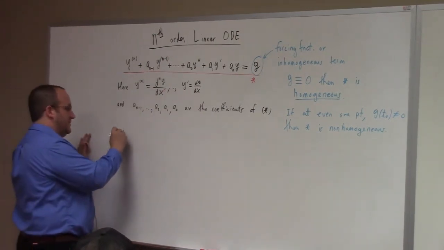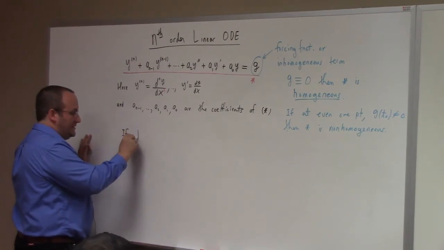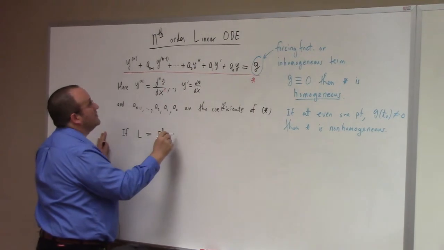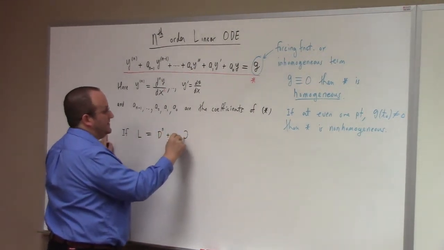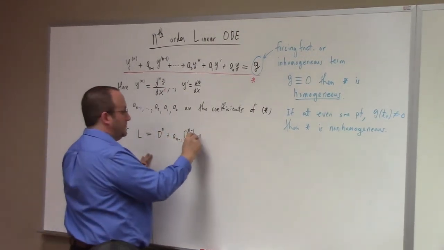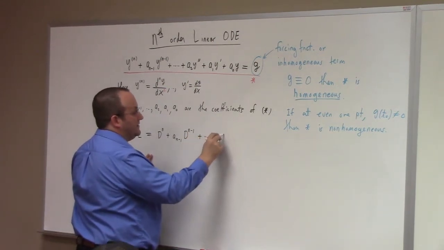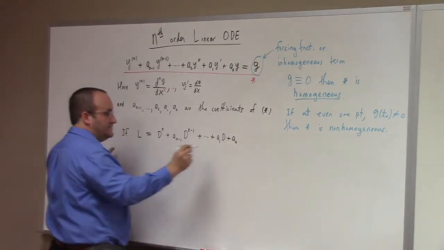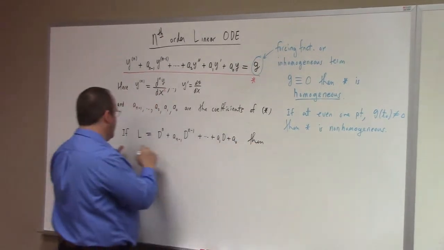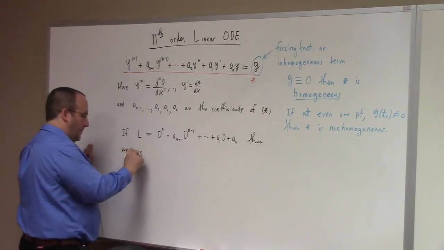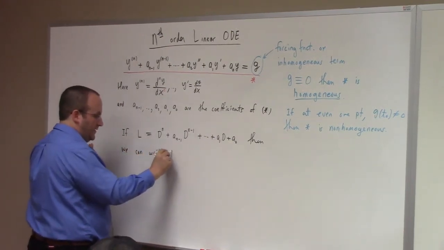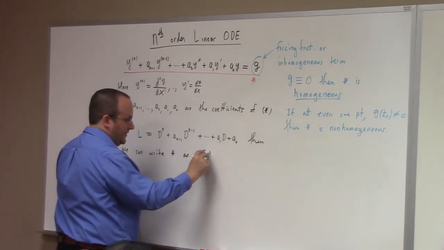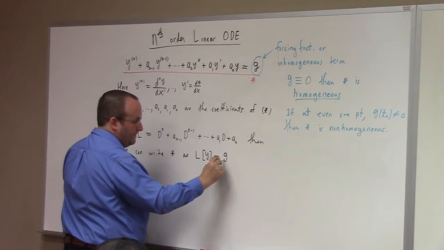So if L is equal to d^n plus a_{n-1} d^(n-1) plus and so on, plus a1 d plus a0, then we can write star as L of y equals g.